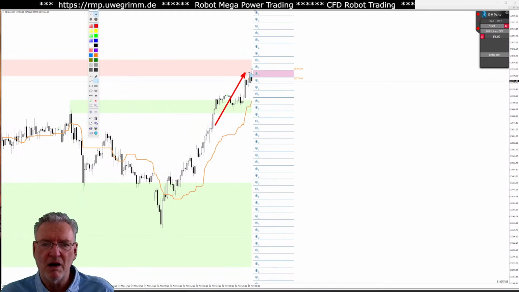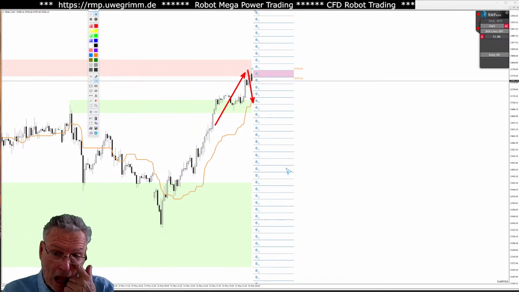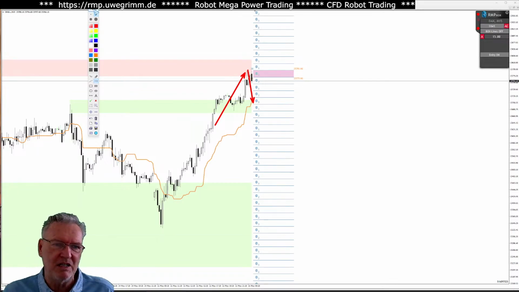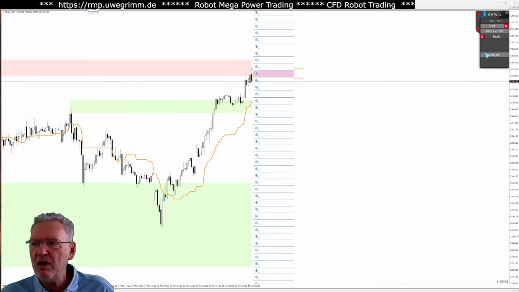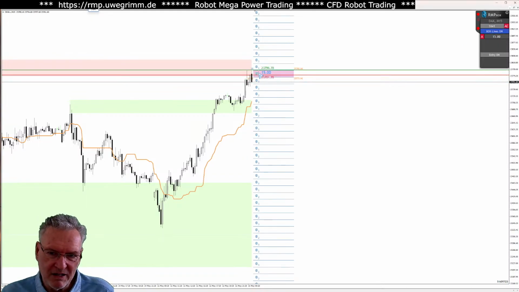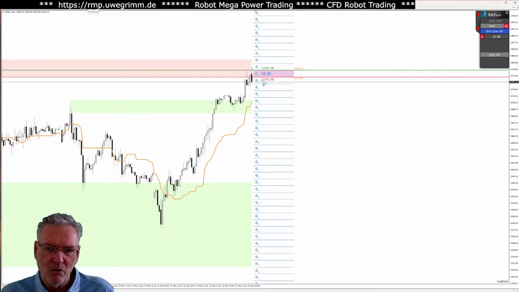However, the market probably will go back. So our theory in this strategy is the following: we want to place a box here.